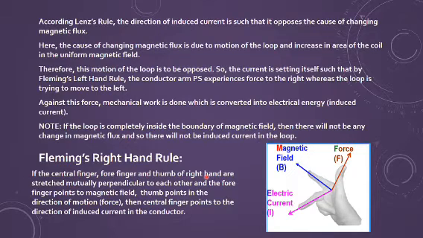So this will give me the direction of the induced current, which can be anti-clockwise or clockwise, and that will be the same as that of your induced EMF. So you have to keep it in your mind that the central finger is pointing in the direction of induced current, that is to be noted.